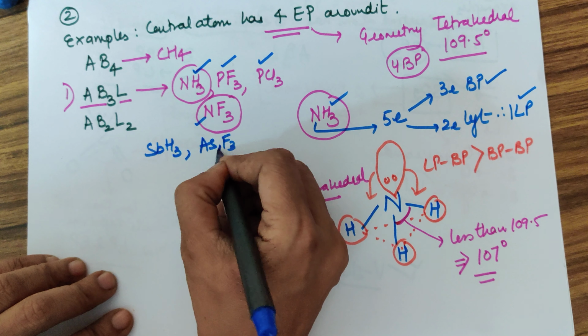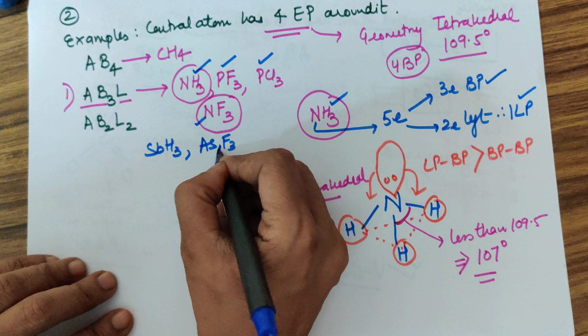So the geometry is exactly like ammonia. Let me draw it for you. This is your xenon, a double bond here, a double bond here, a double bond here, and you have a lone pair on top. Fine. Now this is the structure or the shape of the molecule, and this lone pair pushes them below.